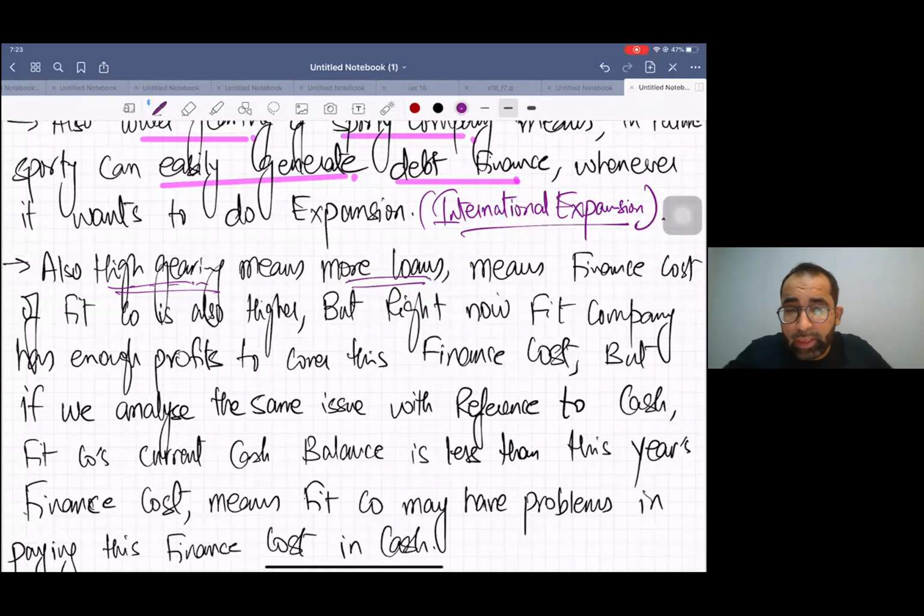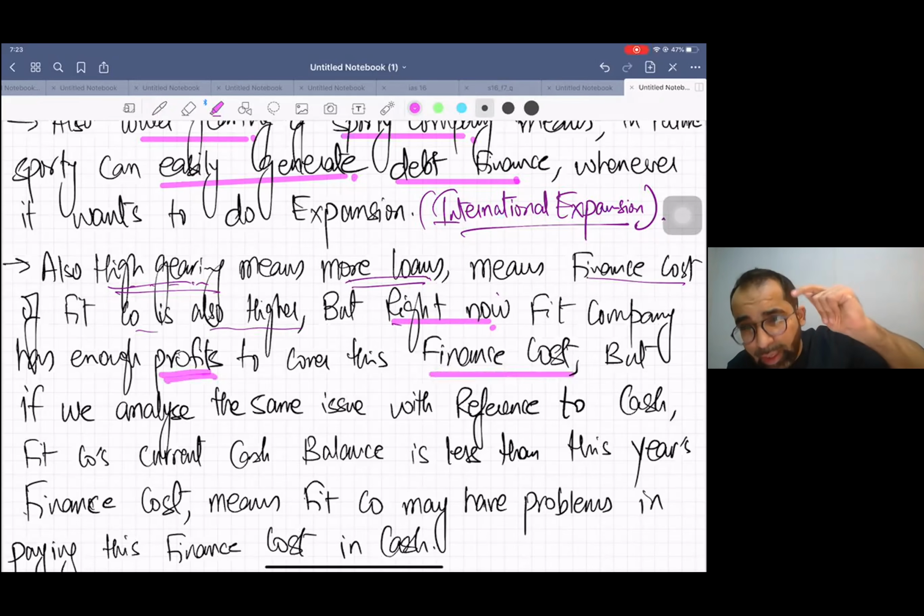When Fit company has more loans, obviously there is more finance cost. It means the finance cost of Fit company is also higher. But right now, Fit company has enough profits to cover this finance cost. I already showed you.